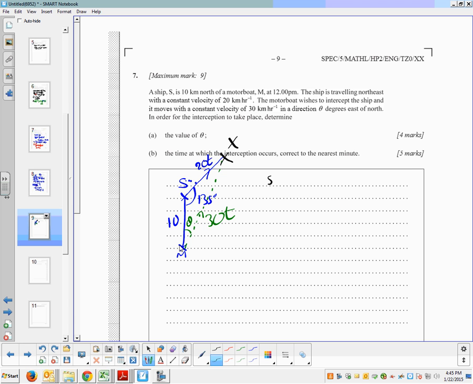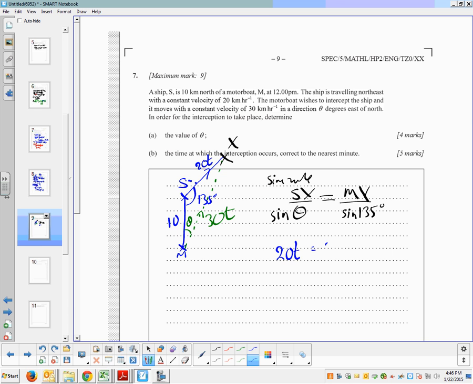So using sine rule, I get Sx over sine theta is equal to Mx over sine 135 degrees. The nice thing about this is the t's are going to cancel. When I put in Sx, I get 20t.